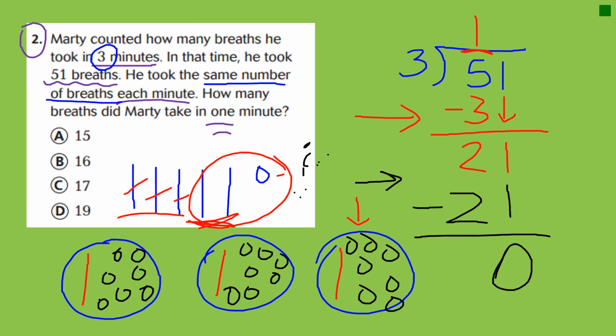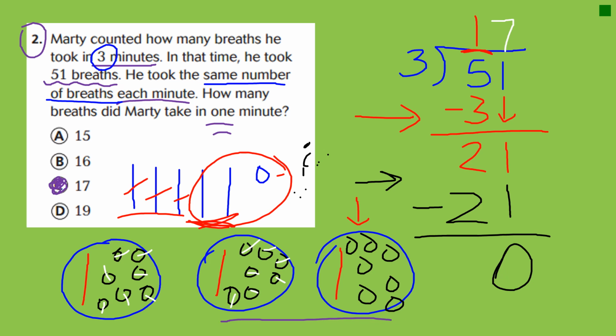So I have nothing left over. And now let's see how many ones there are. 1, 2, 3, 4, 5, 6, 7. 7 ones in each set. Yep. Okay. So Marty has answered the burning question of how many breaths he takes in 1 minute. 17 breaths. Way to go, Marty.